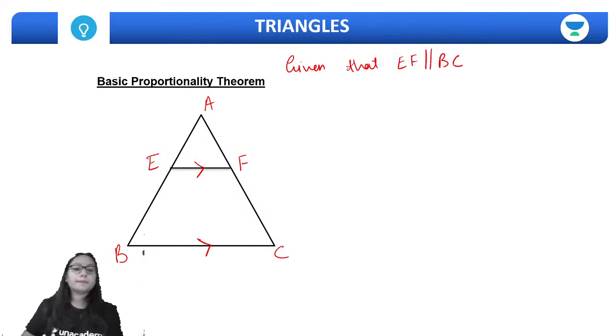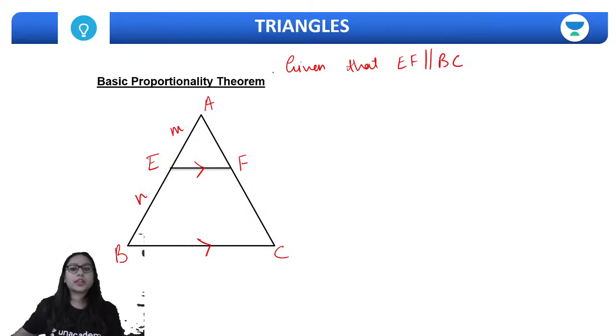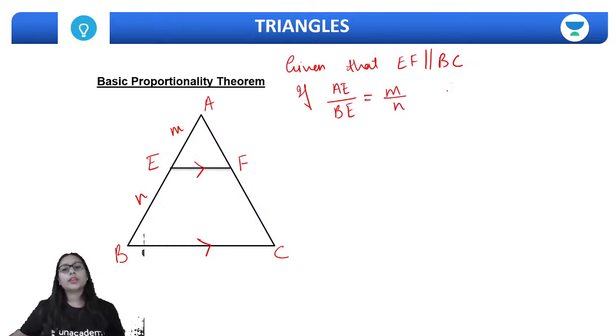Then if the ratio of AE to BE is M to N, that is, if AE upon BE is equal to M by N, then the ratio of AF to FC is also equal to M by N.